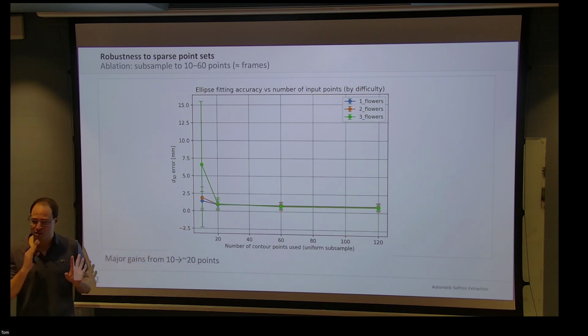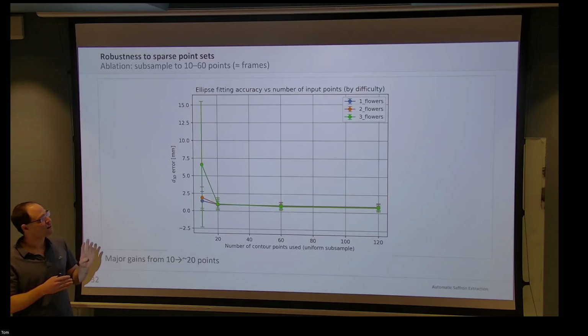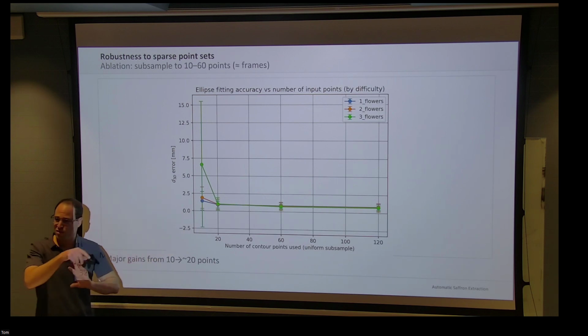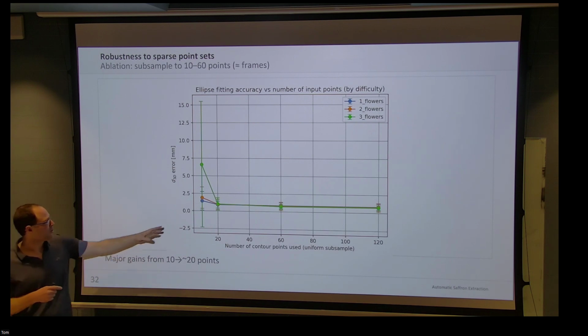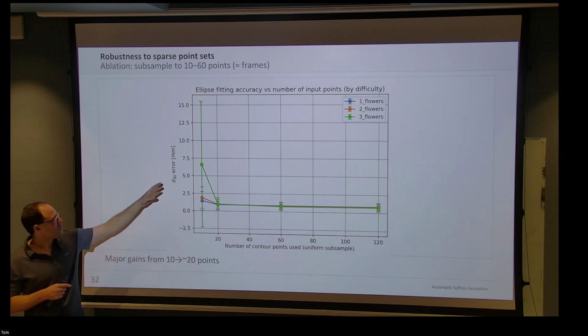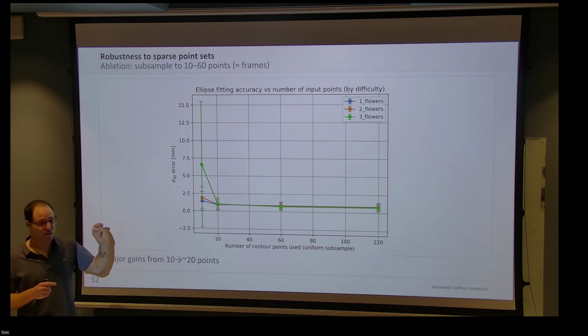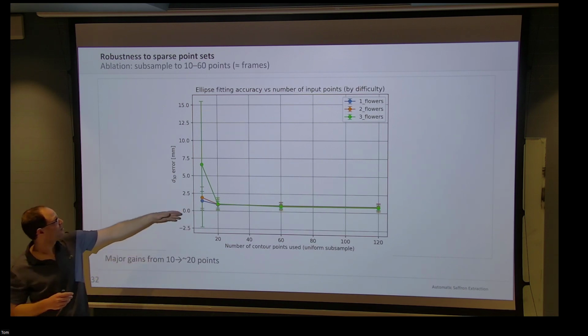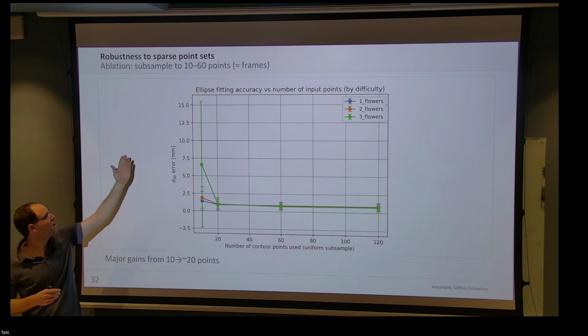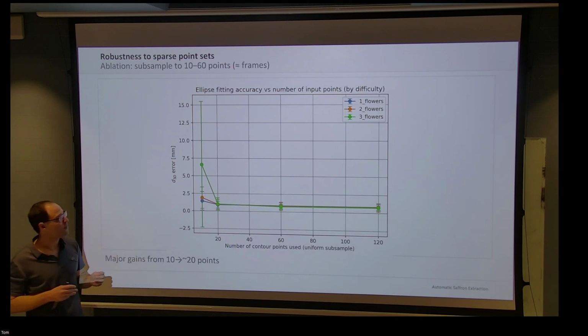Then we did a downsampling, and sampled just 10 uniform frames, 20, 60, and 120. We see that with 10 frames, when we have 3 flowers per plant, our error can be very big. 15 millimeter, it's too much. Remember that we need 5.